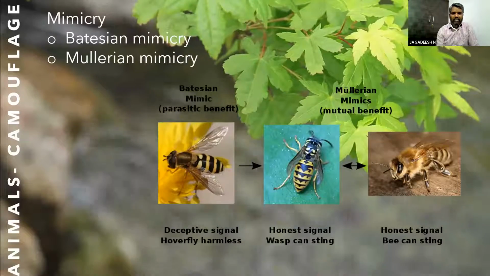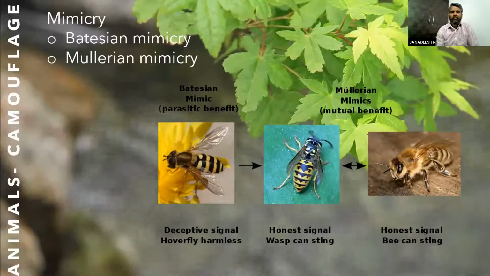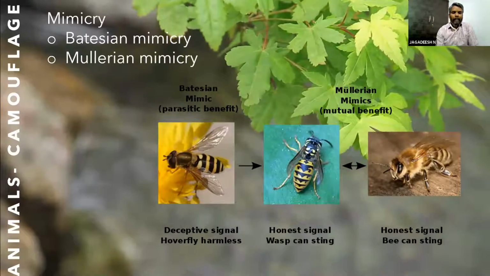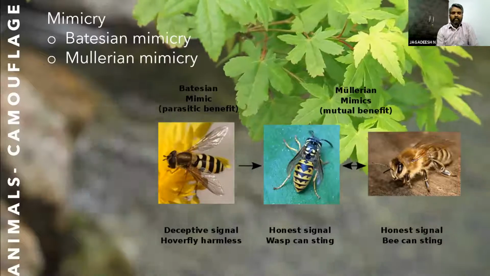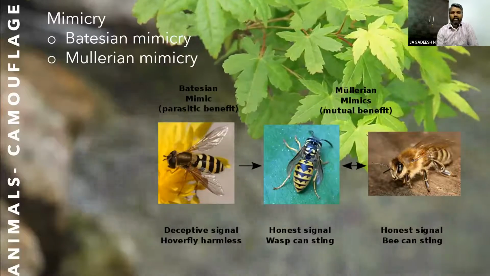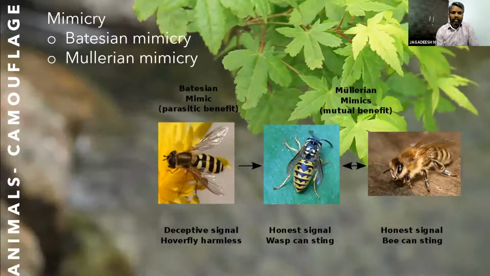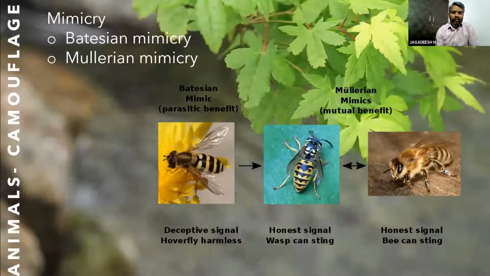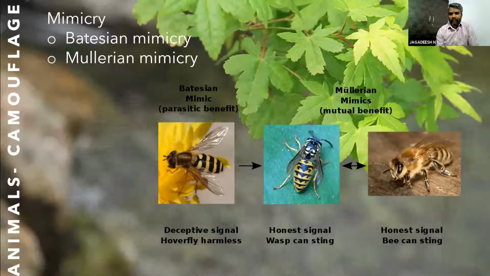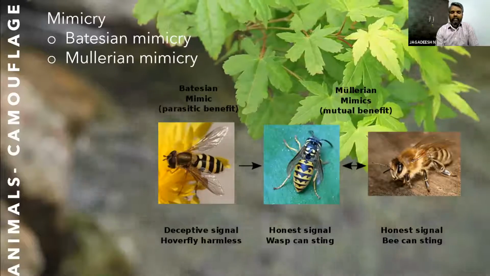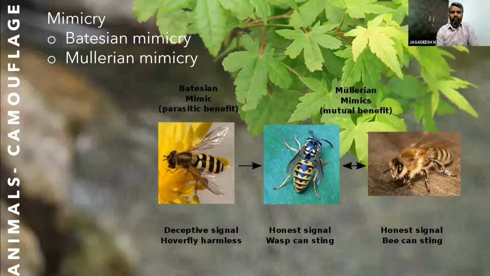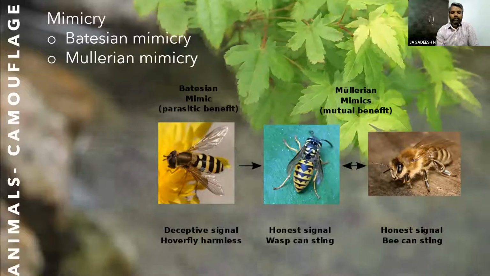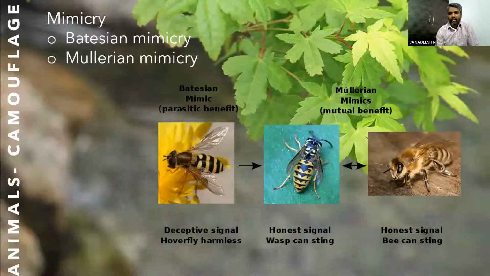One is Batesian mimicry, and the second one is Mullerian mimicry. Batesian mimicry is where an animal imitates the appearance of a species disagreeable to the predator. And Mullerian mimicry is when different distasteful species present a similar aspect.